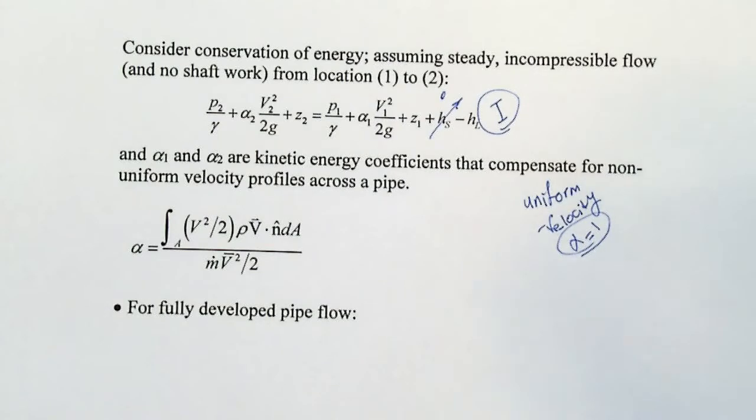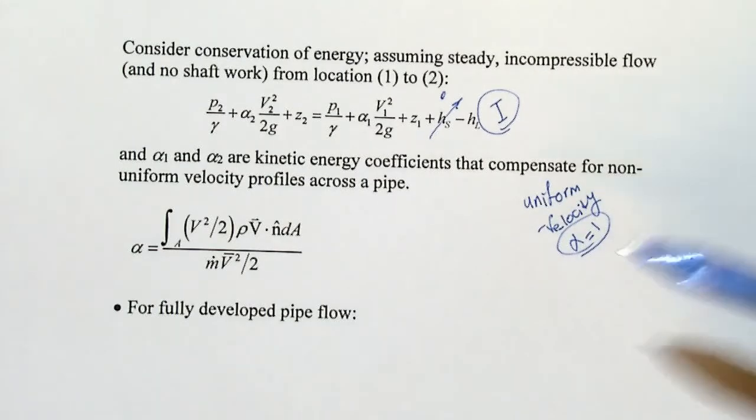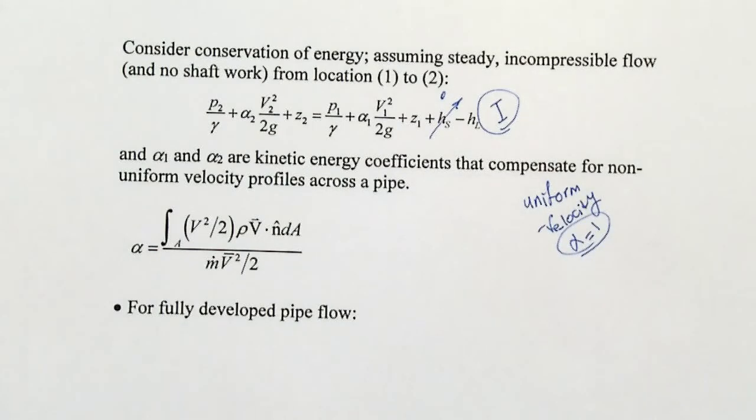When you apply it on a specific element of the surface, which is dA, then alpha is going to be 1 because the flow is uniform. Or before that, on a streamline, again you have the same assumption that alpha is 1. But now you have a pipe with a cross-section area, and the velocity profile is different. For example, you have an entrance region.